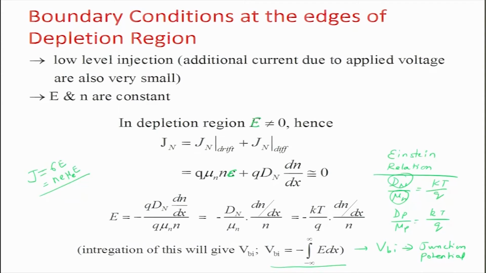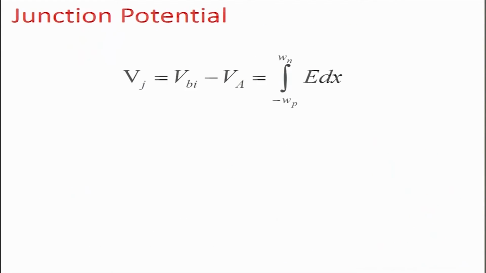When you apply bias, this junction potential is going to get modified. So, this junction potential will become VBI minus VA or VBI plus VA. Let us say we do not worry about the sign right now, we just write it as VBI minus VA. So, if I now apply the bias and calculate the junction potential, it becomes VBI minus VA, which is minus the integral from minus Wp to plus Wn of E dx.